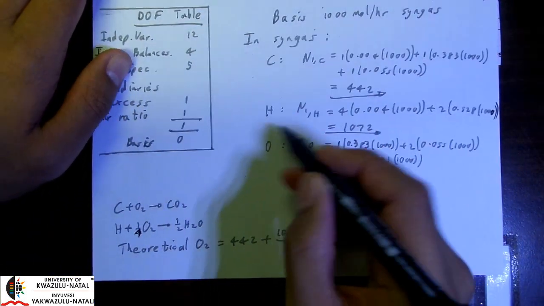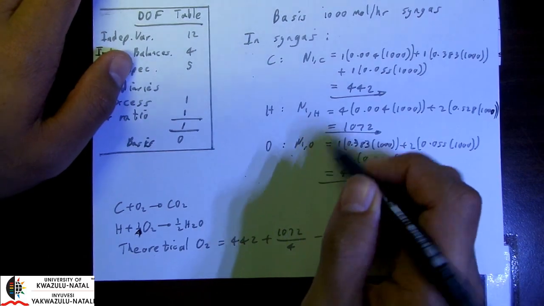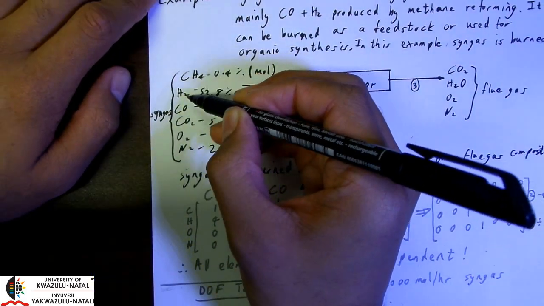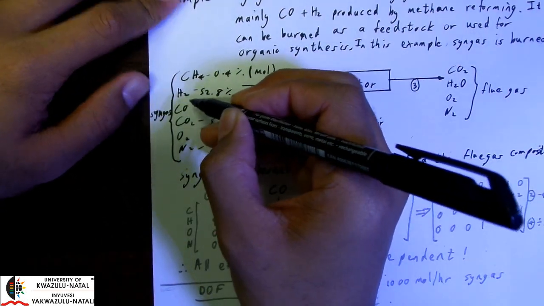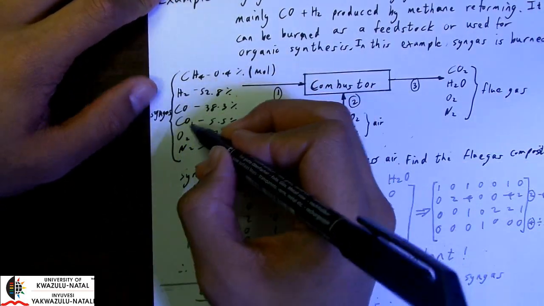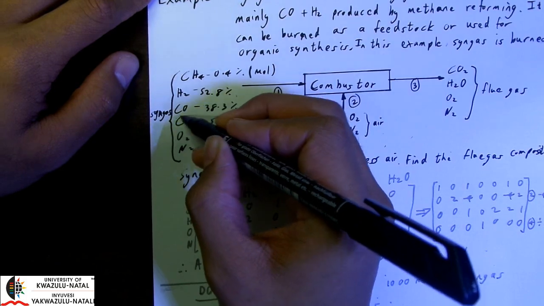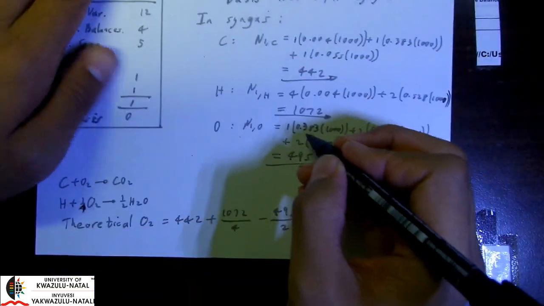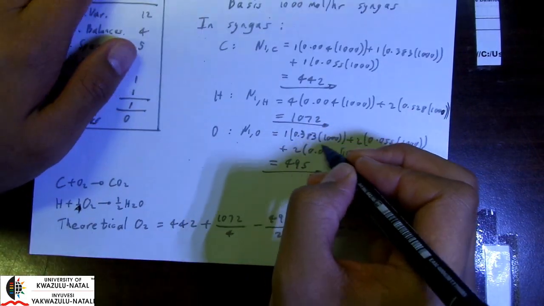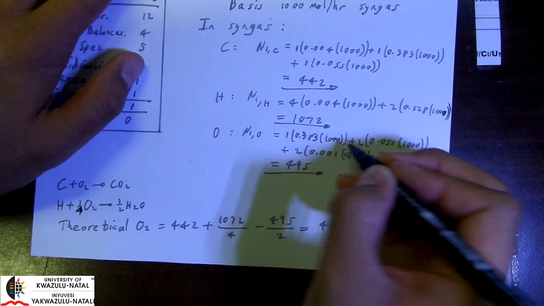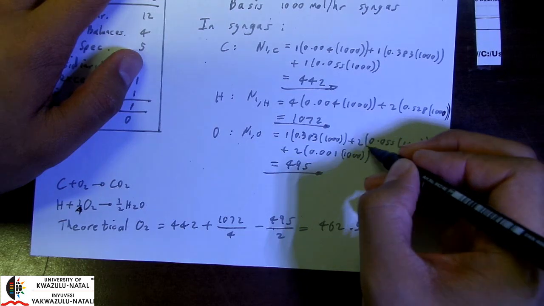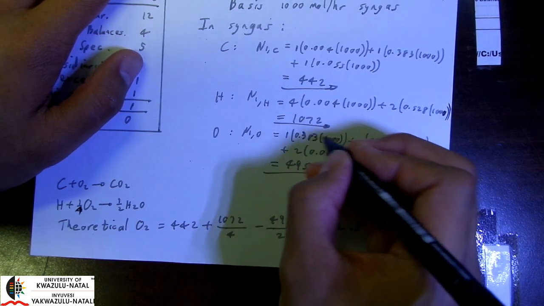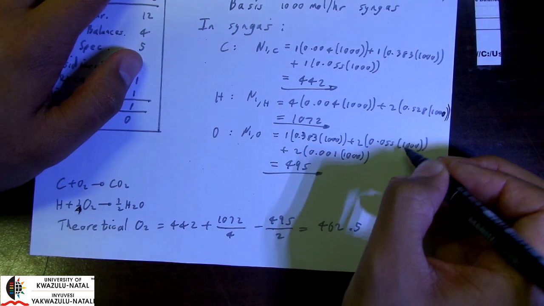And now we can look at the moles of oxygen in our syngas. Okay, there's no moles of oxygen here or here. However, there is 1 mole of oxygen in CO and 2 moles of oxygen in CO2. Okay, and there it is here. So 1 multiplied by 0.383 times 1000 plus 2 multiplied by 0.055 times 1000. So this is for the CO and this is for the CO2.